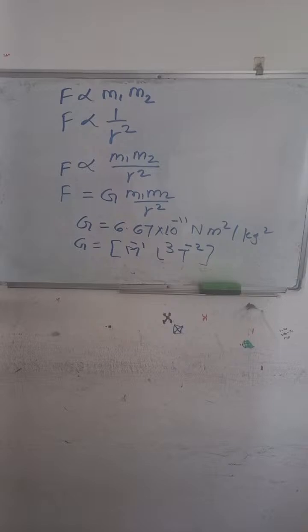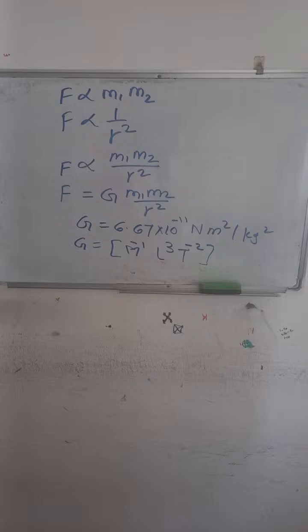G is not dependent upon the nature and size of the bodies, and it is also independent of the nature of the medium. It's very important. They used to ask MCQ questions based on this, whether G depends on any size or nature.